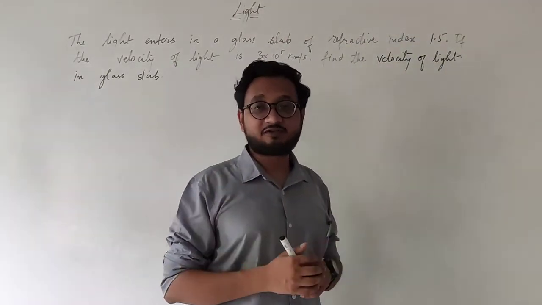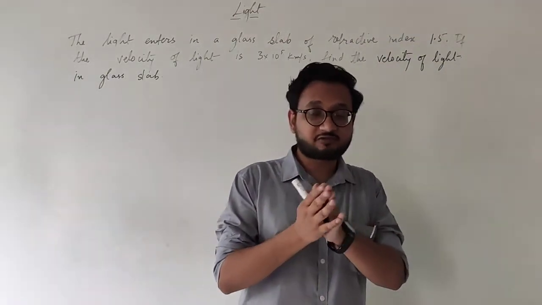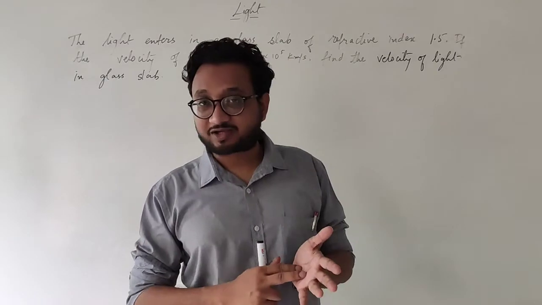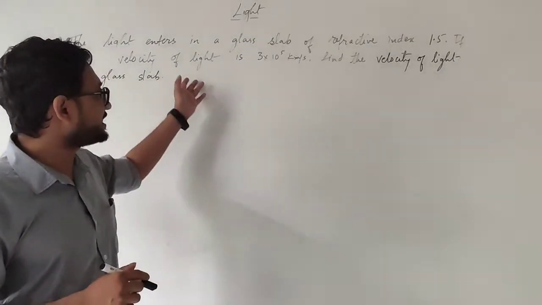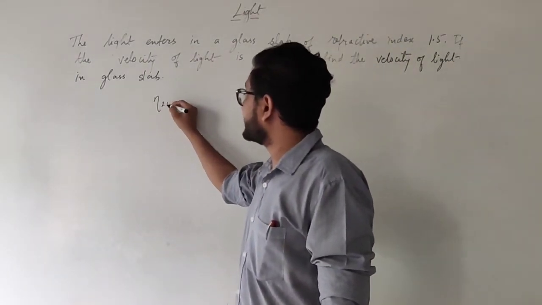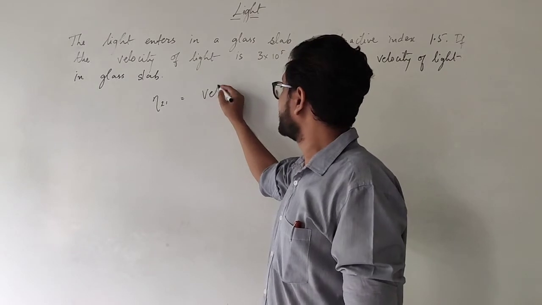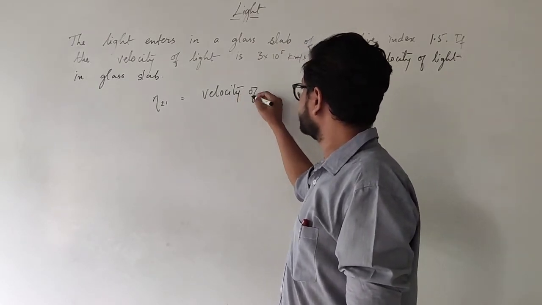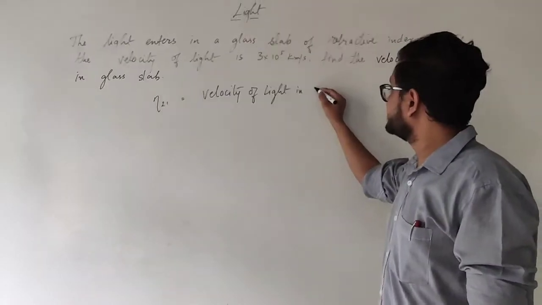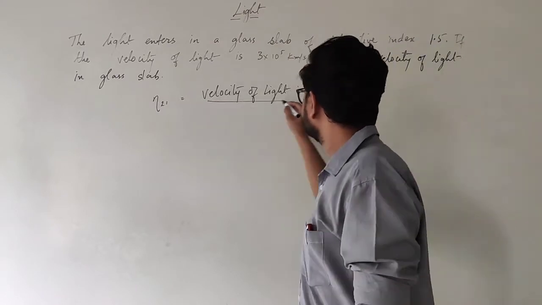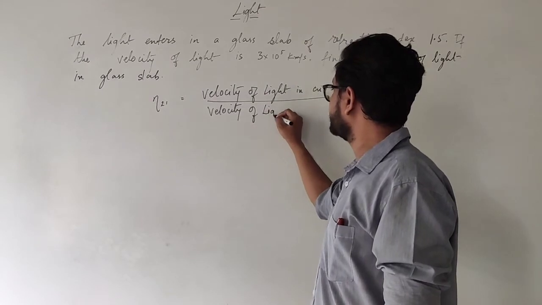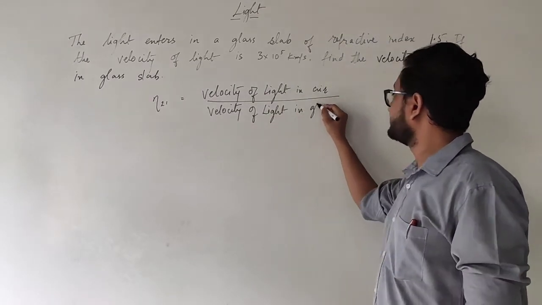That is why, when we are talking about absolute refractive index, the velocity of light is considered to be in air or vacuum. So this can be considered as the absolute refractive index, and the formula is the refractive index of the second medium with respect to the first medium, that is velocity of light in medium 1, which is air in this case, upon velocity of light in the glass slab.